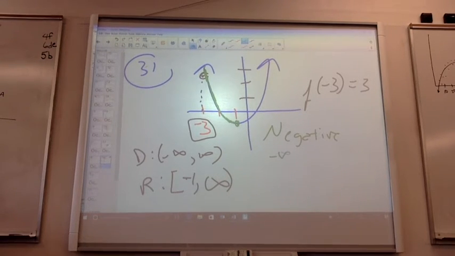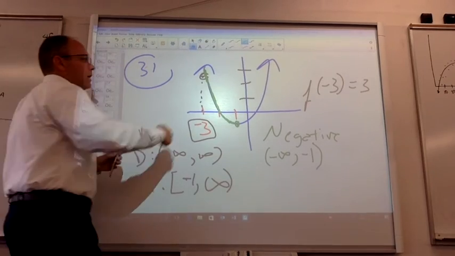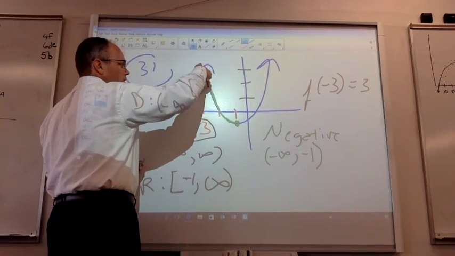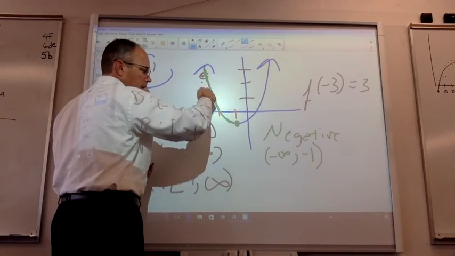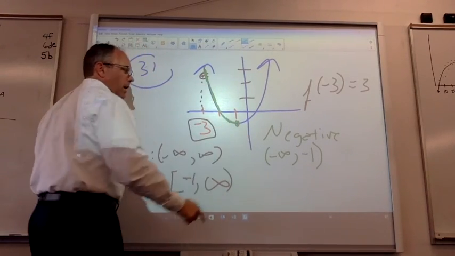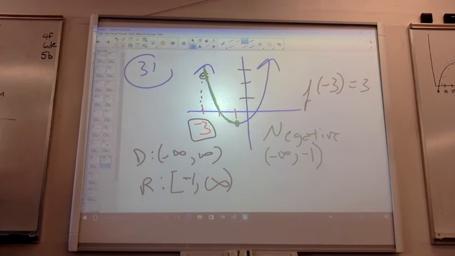From negative infinity all the way up to negative 1 with a rounded bracket, our function's negative. Meaning if I were to pick any 2 points, it would have a negative slope as I get all the way to here. Okay? I don't include the negative 1 because at the very bottom that actually has a slope that's 0.